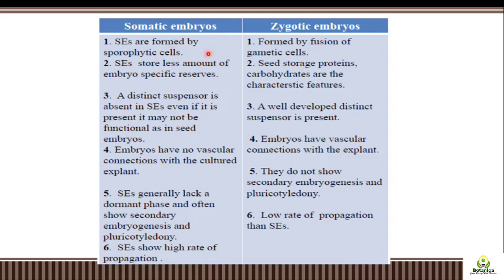First of all, somatic embryos are formed from sporophytic cells, and zygotic embryos are formed by fusion of gametic cells. As you know, whenever there is a natural process of reproduction, of fertilization, there are microspores and megaspores, microsporogenesis, megasporogenesis, microgametogenesis and megagametogenesis.